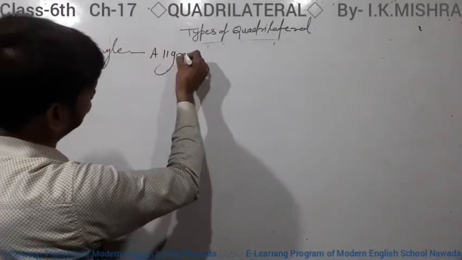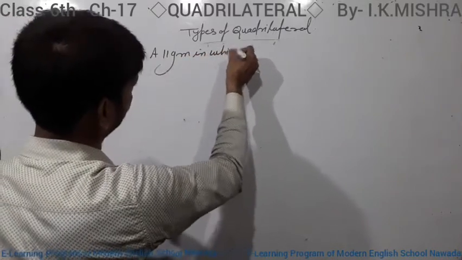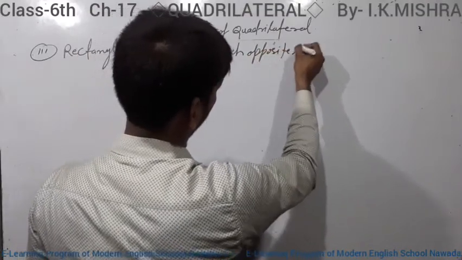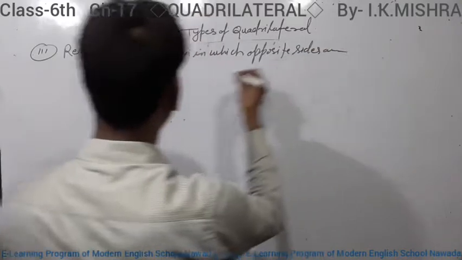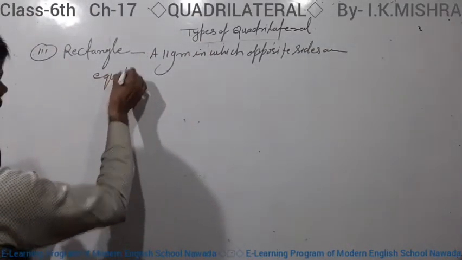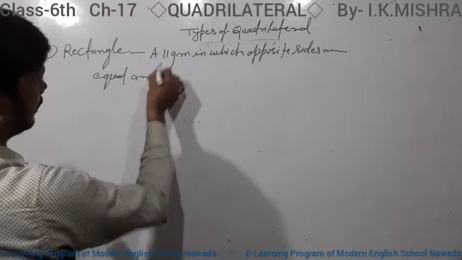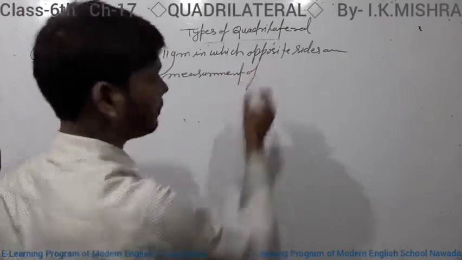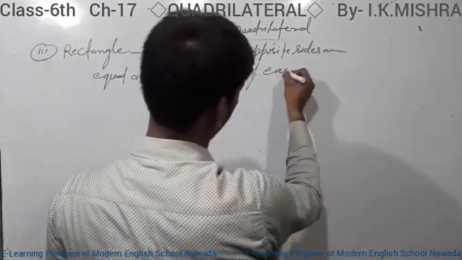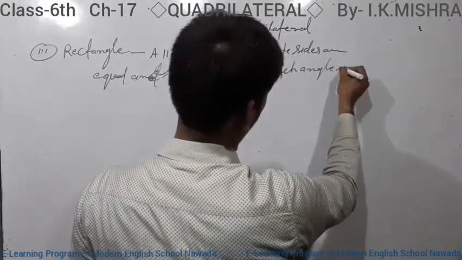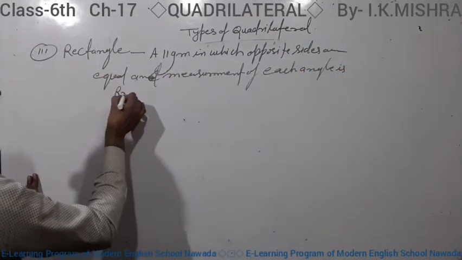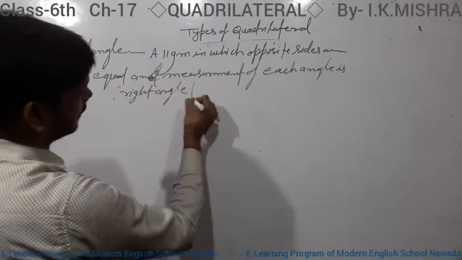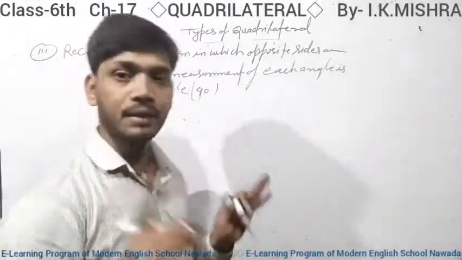A parallelogram in which opposite sides are equal and measurement of each angle is right angle. That means 90 degree. Measurement of each angle is 90 degree.